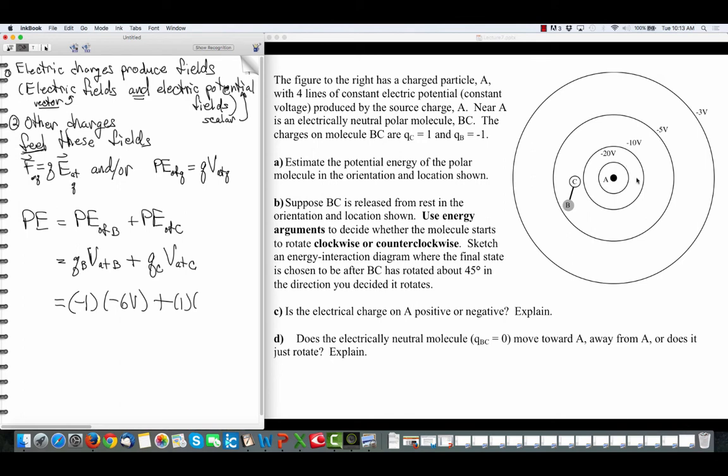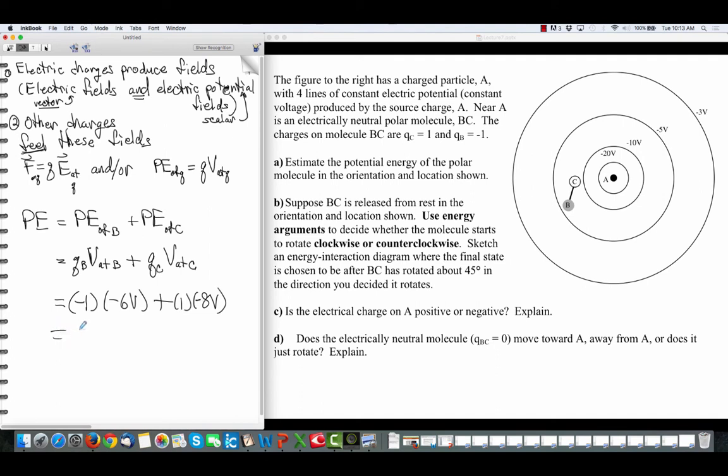So the electric potential, the voltage, is changing really rapidly. It's dive bombing, going more and more negative really fast as you get close to A. So this is changing pretty fast here, but it's a little less than 10. So I don't know, let's call it 8. Negative. Thank you. -8.